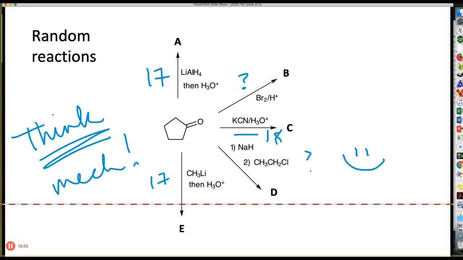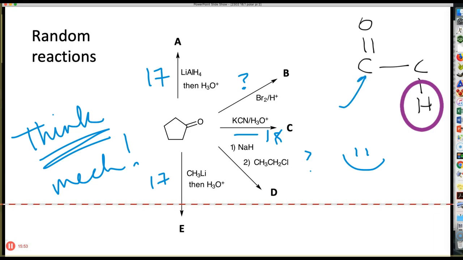A quick reminder that your choices are your nucleophile attacks here to make the enolate, your nucleophile attacks here to do direct addition, or keeping in mind that sometimes you may be under acidic conditions and protonation will take place first.